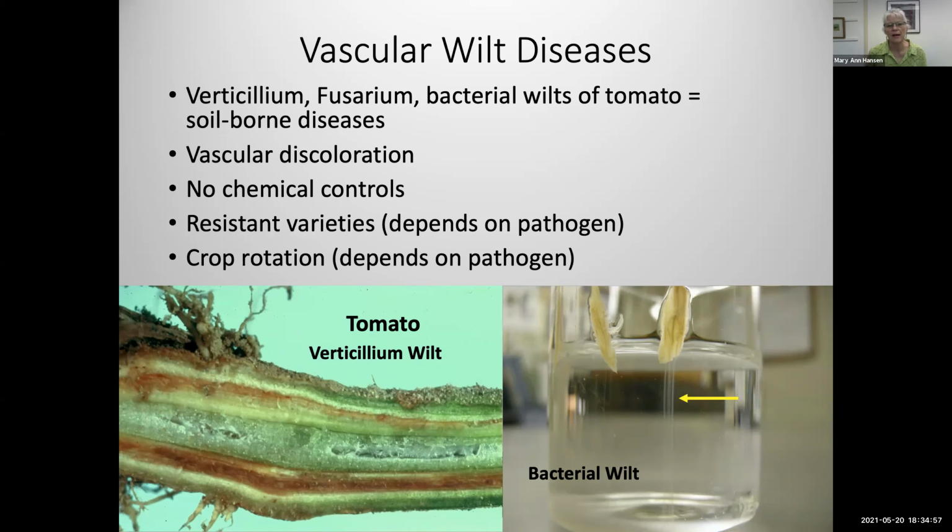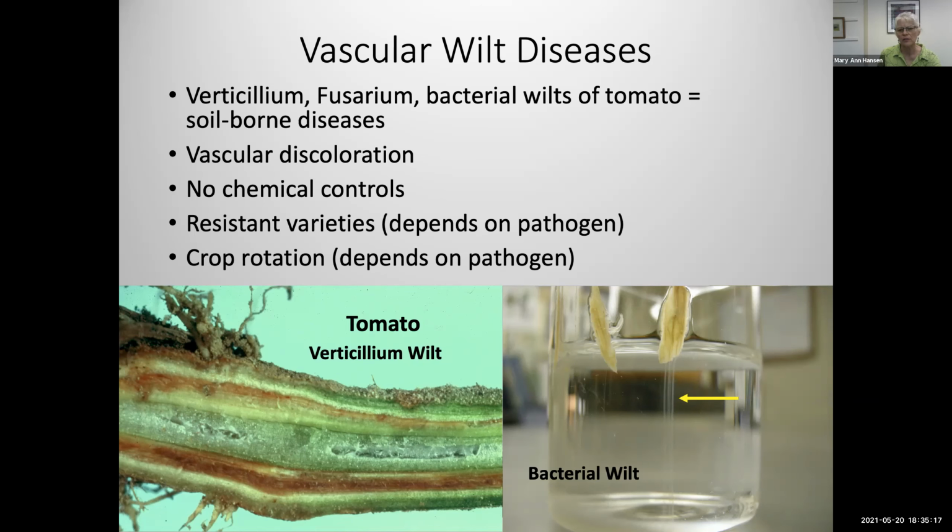If you have a vascular wilt disease of tomato diagnosed in your garden, then you could plant an unrelated crop in there the following year, and then that would not be susceptible to the same disease that the tomato got. So these are a couple of options for vascular wilt diseases.